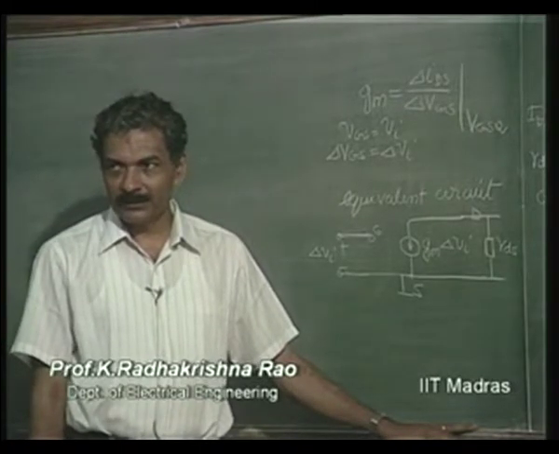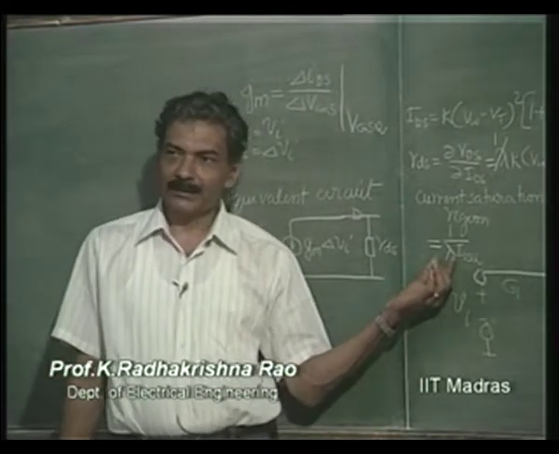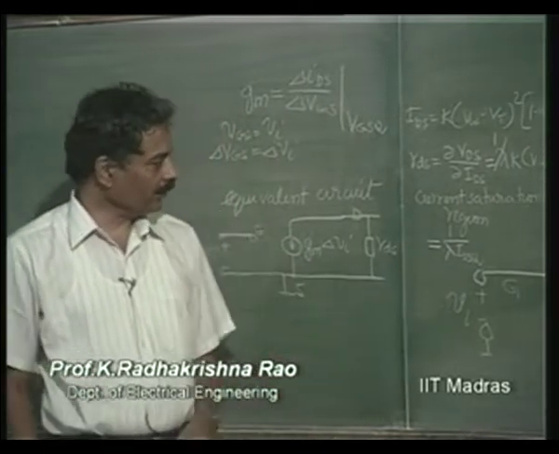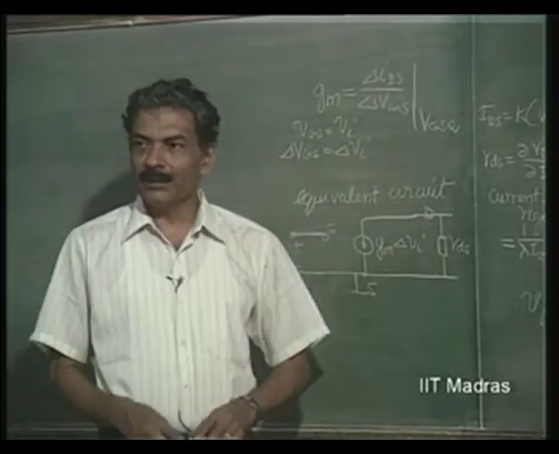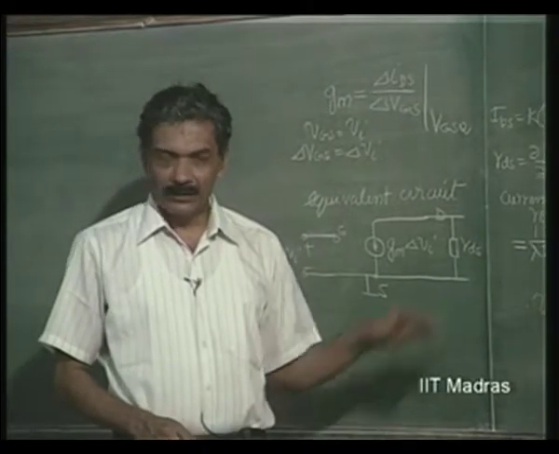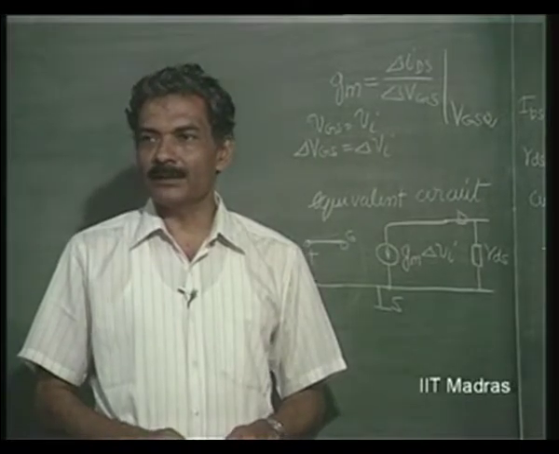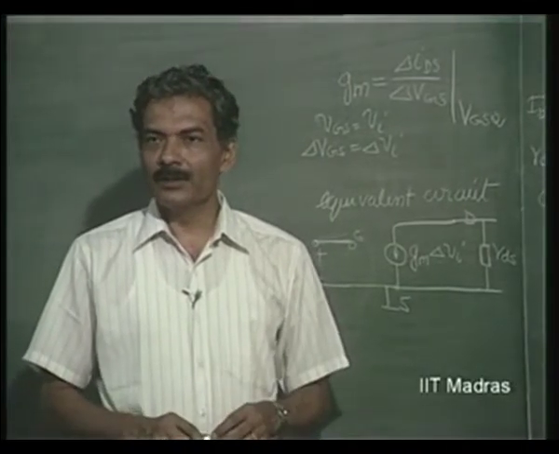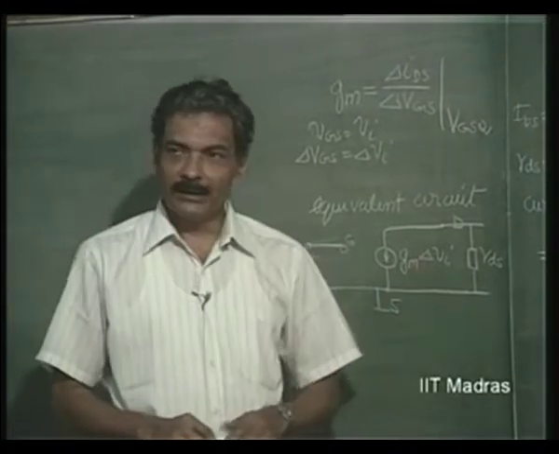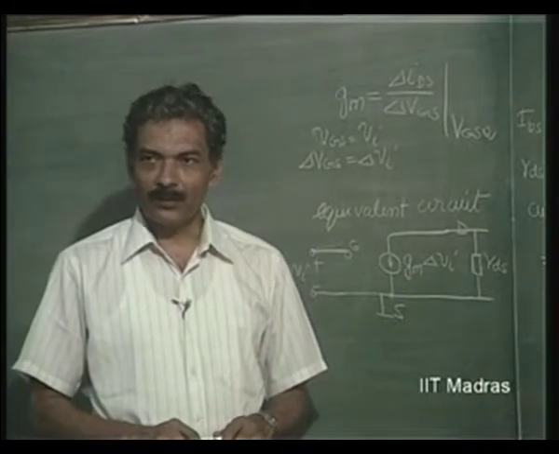This is also an important factor associated with the field effect transistor. What is the order of impedance that it results in? It will be of the order of hundreds of kilo ohms, this RDS, unlike in the case of a common emitter transistor, which is of the order of a few mega ohms up to 10 mega ohms.